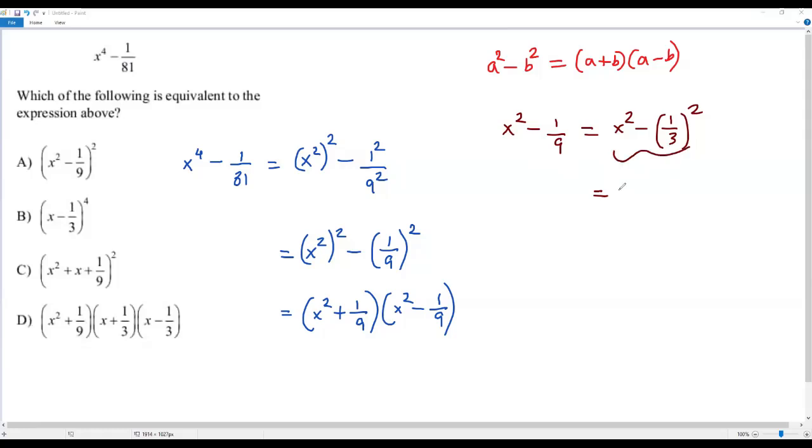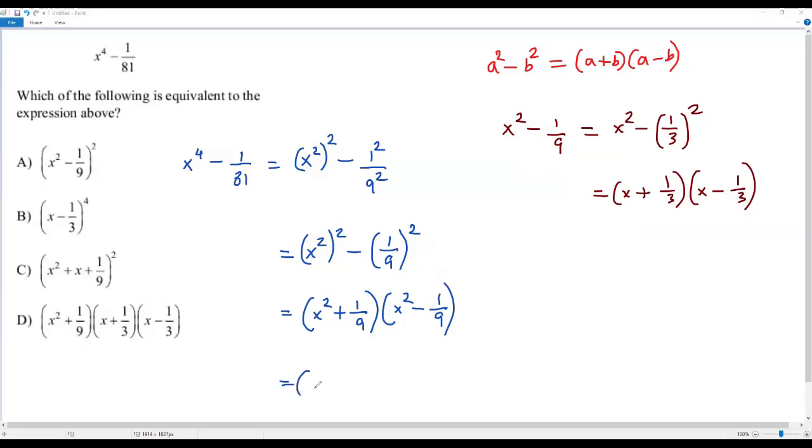So the factored form of this one is a positive b times a negative b. For a we write x, for b we write 1 over 3, and for a minus b, for a we write x, negative, for b we write 1 over 3. Now I got the factored form of this expression, that is x square negative 1 over 9. For this one, we can plug in this stuff.